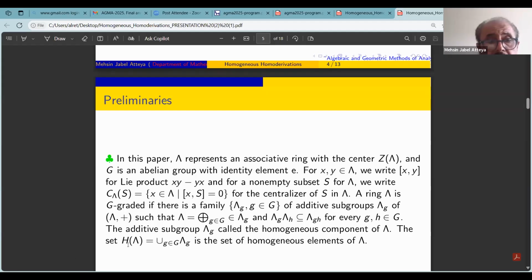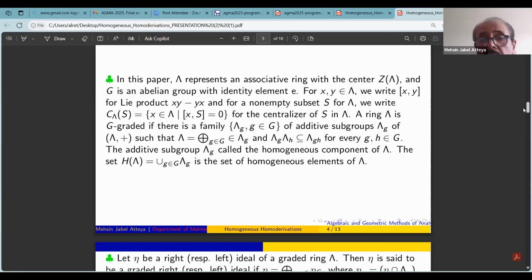The set H of lambda equals the union over g in G of lambda sub g, the set of homogeneous elements of lambda.